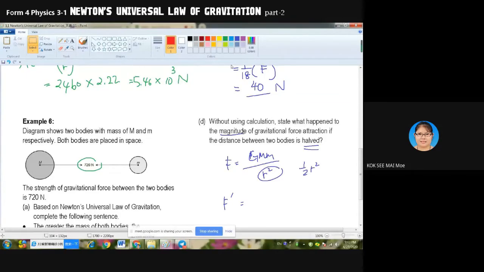Increases how many times? I know increases. I want to know. Yes, that is 4 times. Okay, how do we know that it increases 4 times? Then we show the calculation here. Okay, so this one is, where's my pen?